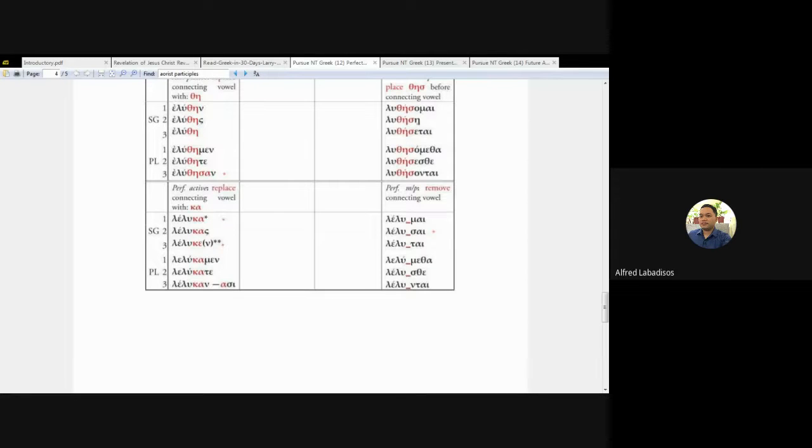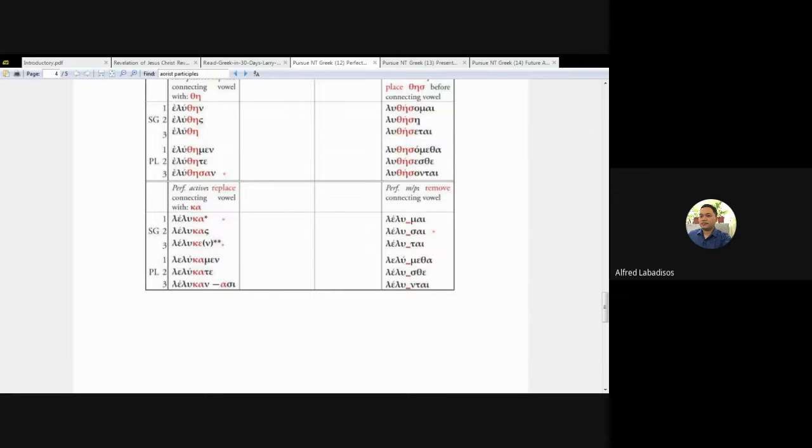So we have liluka, lilukas, liloken, lilukamen, lilukate, lilukasi. These are the forms of the perfect active.